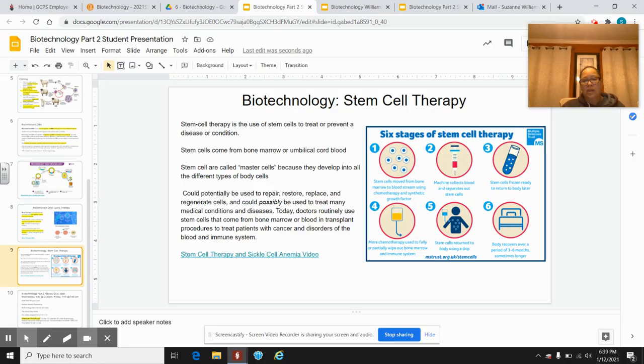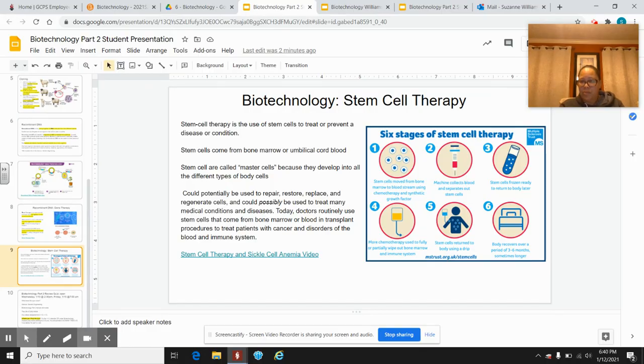In adults, there are a couple places where you can harvest stem cells for stem cell therapy. You can harvest them from the bone marrow, that's in your femur, your thigh bone, which is a good place to get bone marrow. It's very hard to do because your bones are hard. It's hard to get to, it's in the center of your bones. The other place is umbilical cord blood.